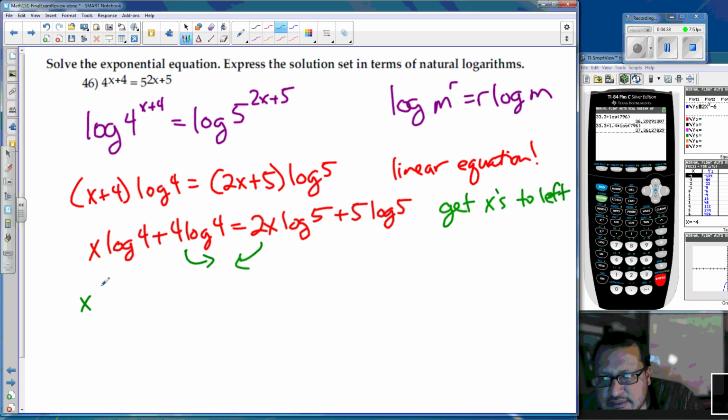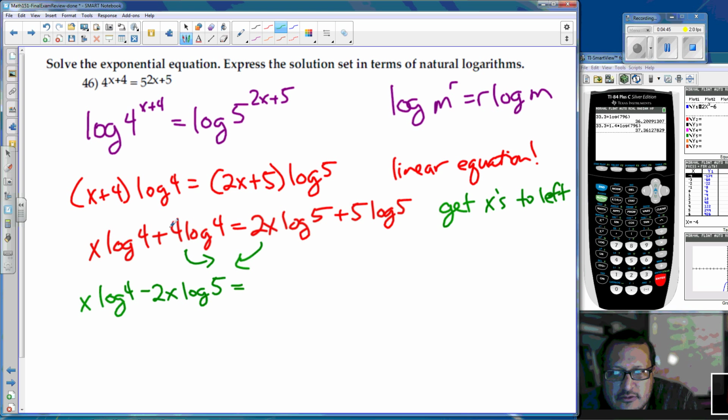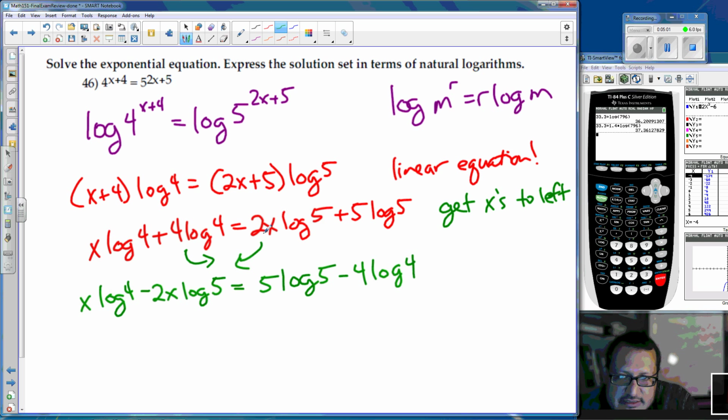So we have x log 4 minus 2x log 5. This one goes over here, so that becomes minus 4 log 4. I'm writing this one first because I don't like leading coefficients that are negative.